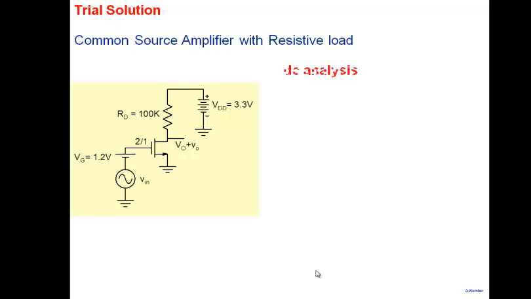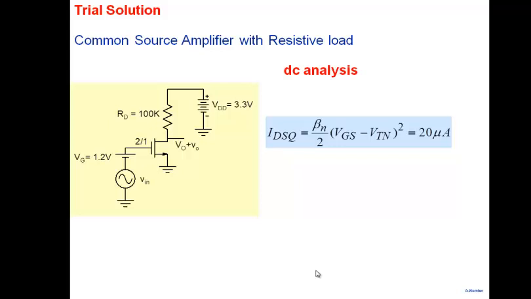All right. So as usual, for any amplifier schematic, the first thing that you do is DC analysis. DC analysis is straightforward here. We are assuming that the transistor is biased in saturation region. So we have an expression for current in saturation region here, and VGS is given to us. As an example, we've taken 1.2 volts.